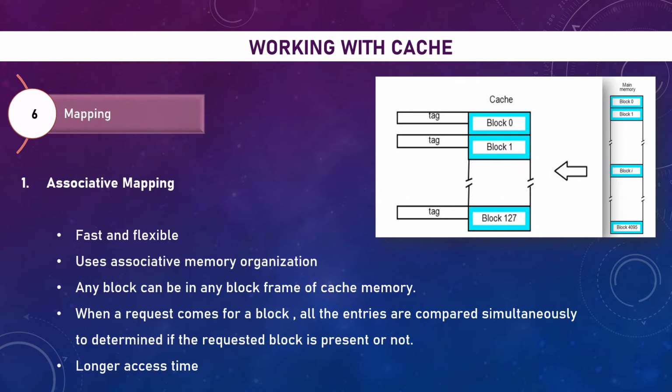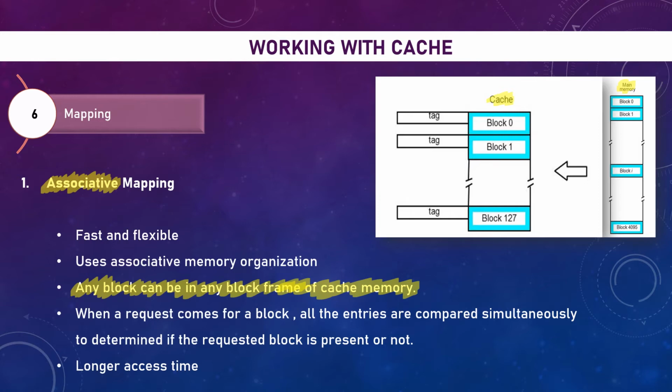Now let's start with the first mapping technique, the associative mapping technique. The core of associative mapping is that any block can be in any block frame of cache memory. Here we have a main memory and here we have a cache memory. There is no rule that this block can be shifted only to this place or this line.